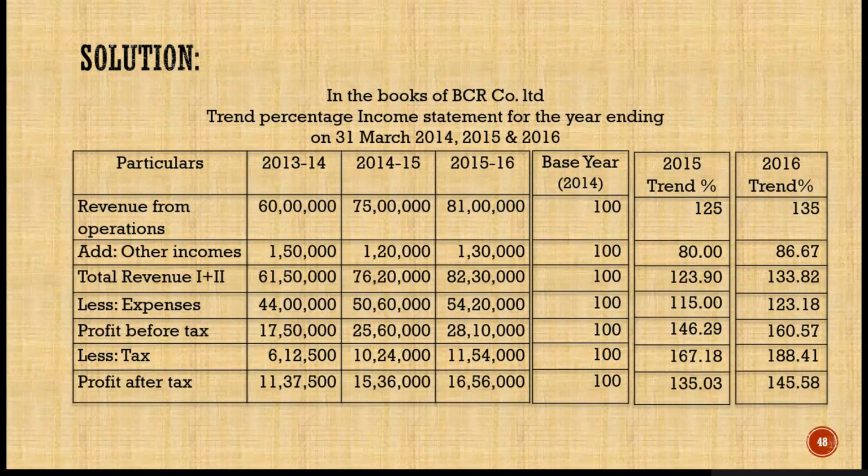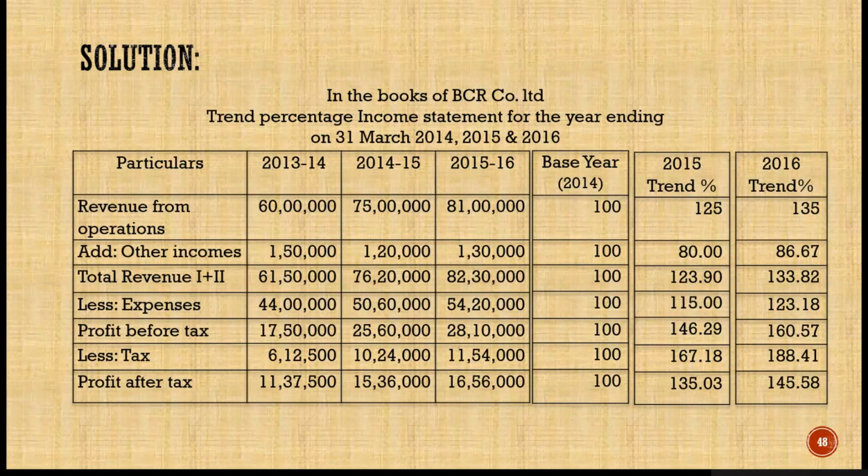For the other income in 2015, how will we apply the formula? See, 1,20,000 divided by 1,50,000 into 100. We will get 80%. Then for 2016, how will we apply the formula? 1,30,000 divided by 1,50,000 into 100.